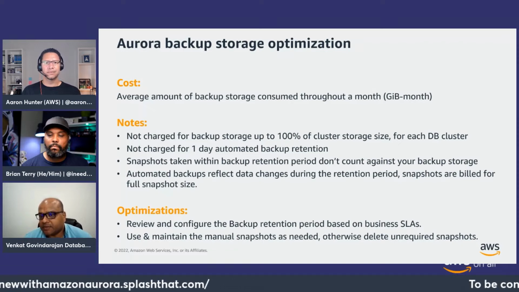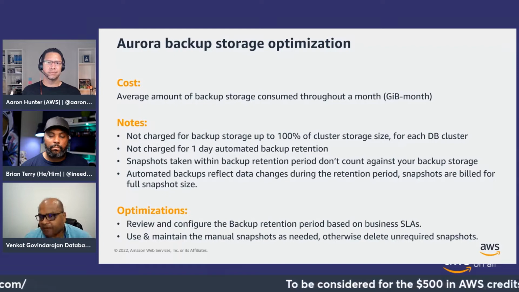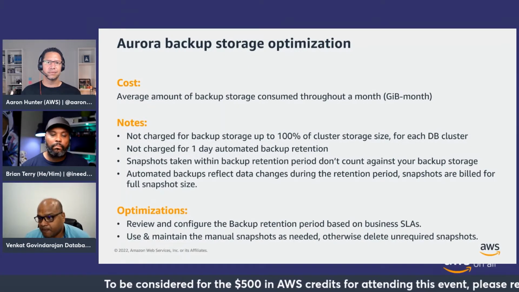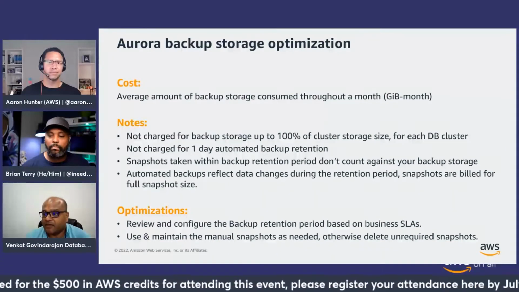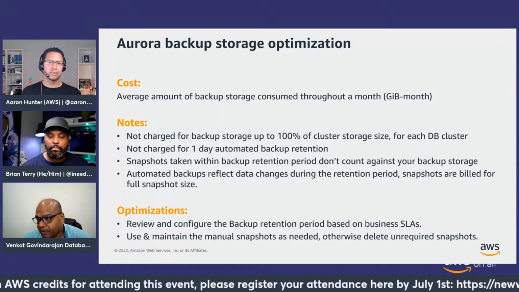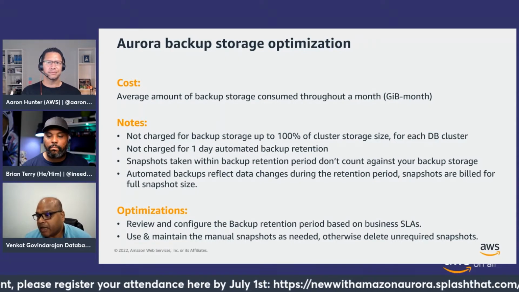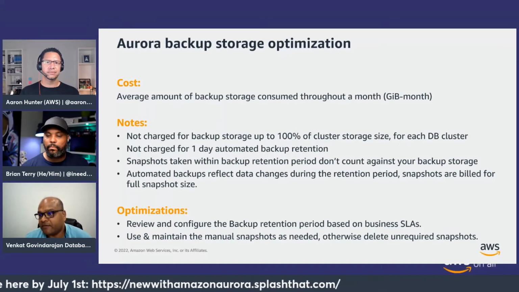Dustin did touch upon backtrack, point in time recovery, and automatic backups by default. The maximum retention is 35 days, which means if I do a point in time recovery, I can go back 35 days if I have that enabled. That sounds great, but are you planning for the exception, or for the generality?